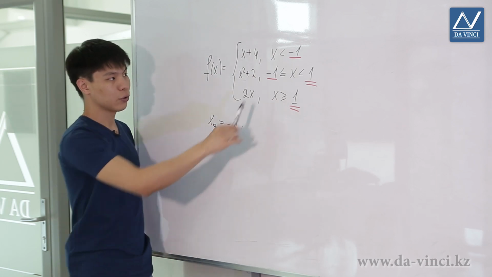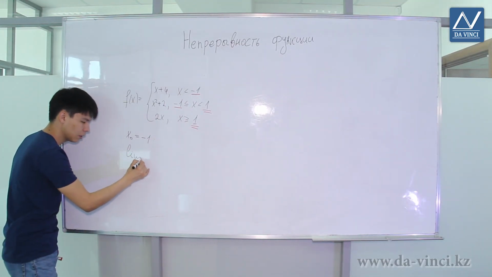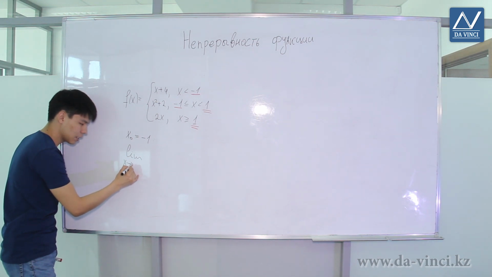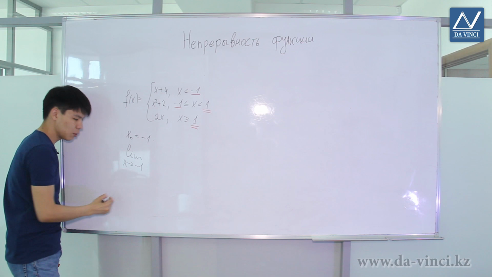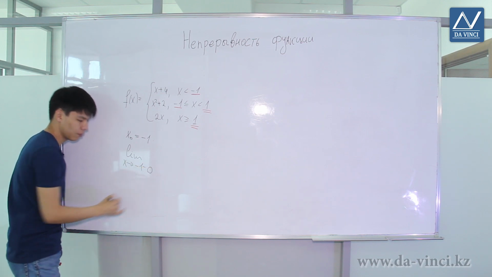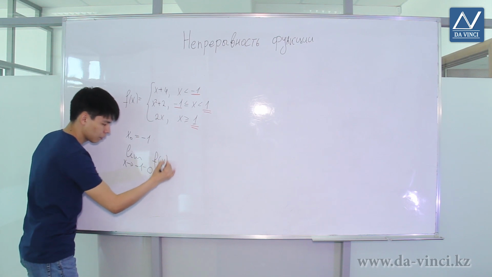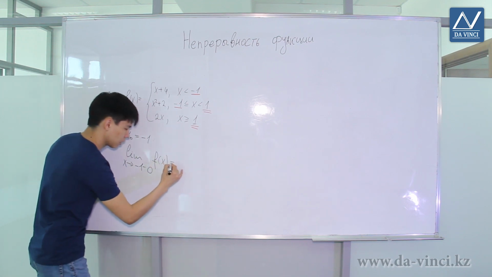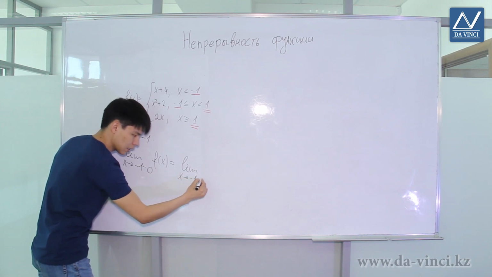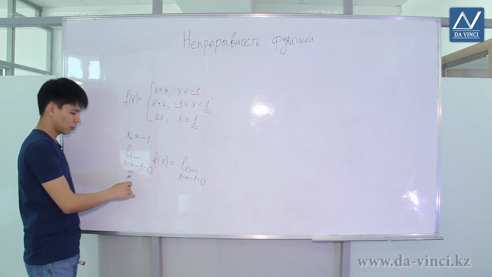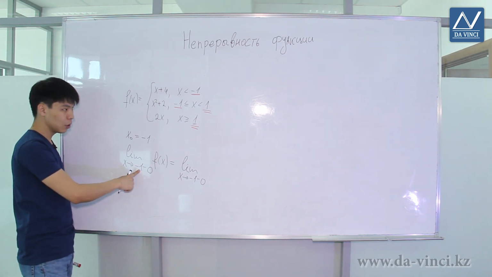In order to investigate the function for discontinuity at this point, we must first calculate the left limit. That is, the limit as x approaches x0 from the left. x0 is -1. -1 on the left means -1 minus 0. Here is the function f of x. Let's calculate this limit. Limit as x approaches -1 from the left. If x approaches -1 from the left, then this point is slightly less than -1.